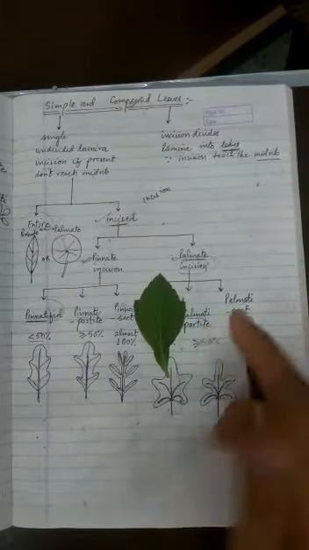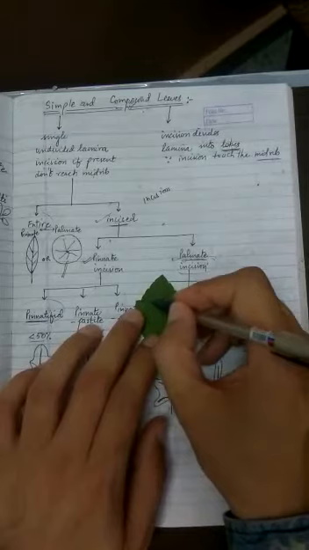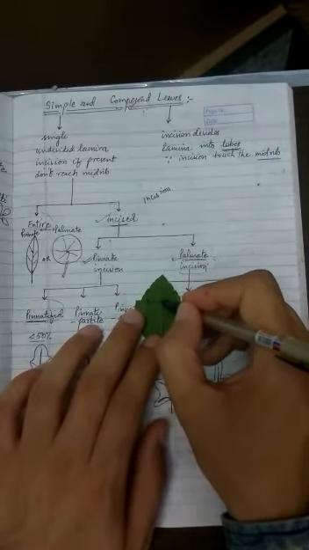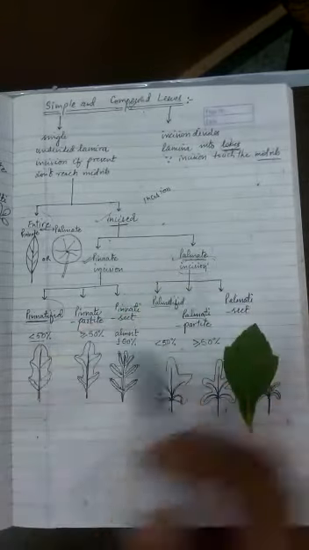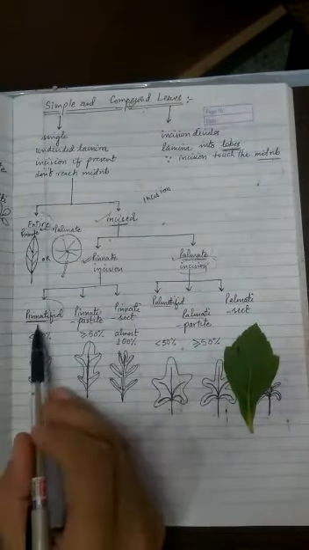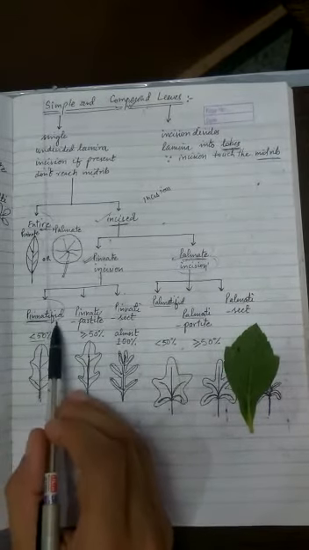In this case also you can see the incision is present here, not covering 50%. Accordingly, three categories are there: less than 50%, up to 50% or more, or almost 100%. If the incision does not even reach 50%, you call it pinnatifid.